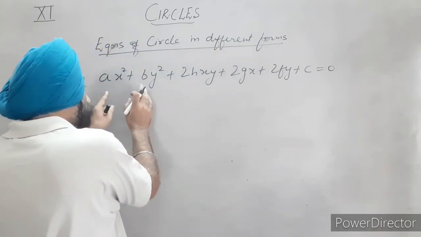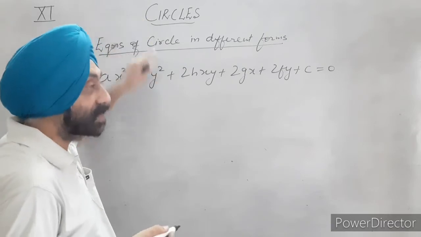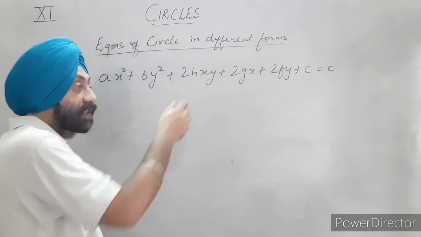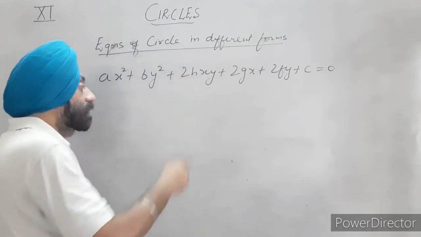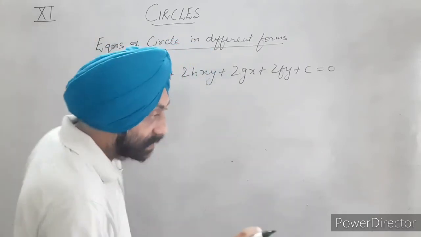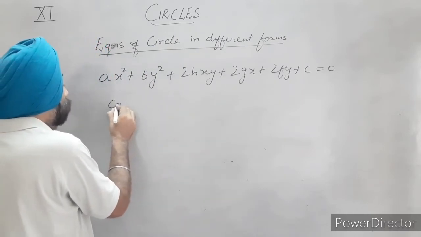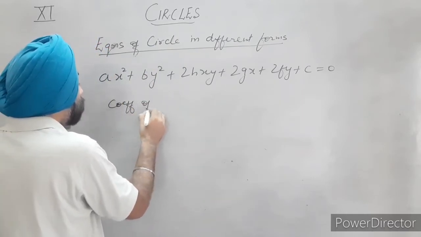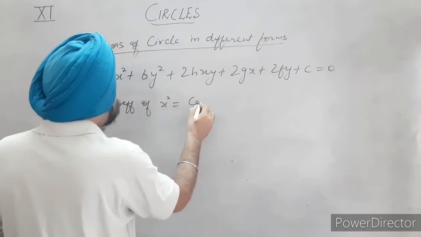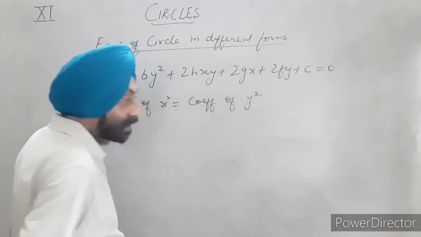Now this equation will represent a circle. Since we are doing the chapter of the circles, it can represent a pair of straight lines also. It can represent an ellipse. It can represent a parabola under some specific conditions. But since we are doing the chapter of circles, the coefficient of x square must be equal to the coefficient of y square.